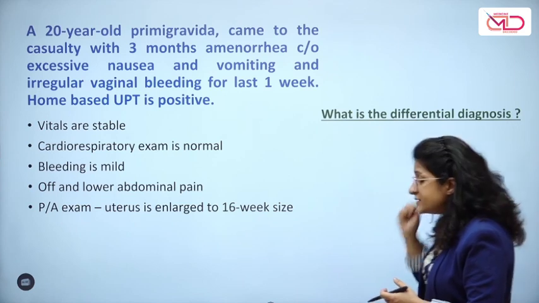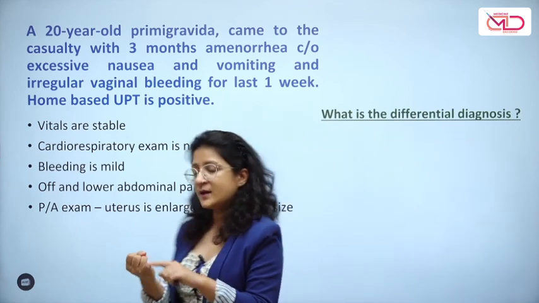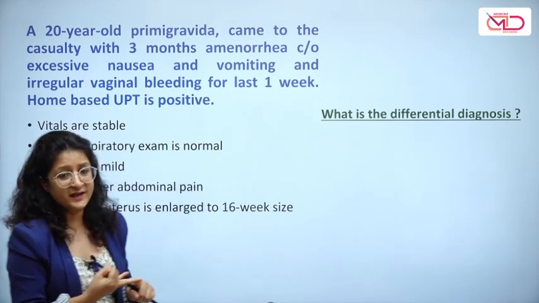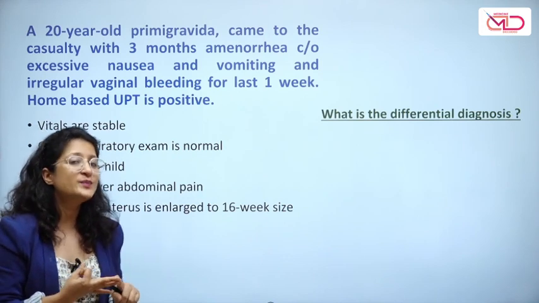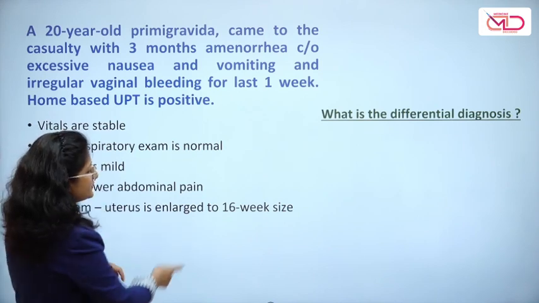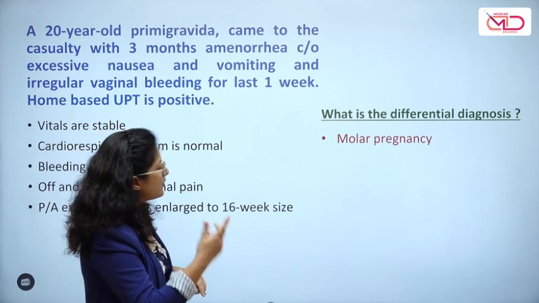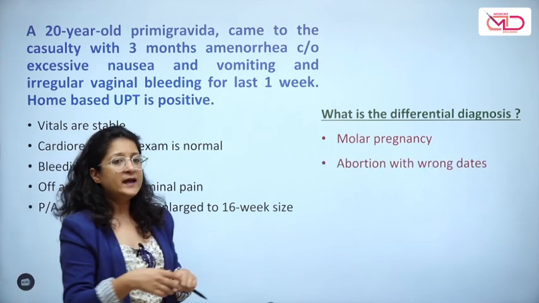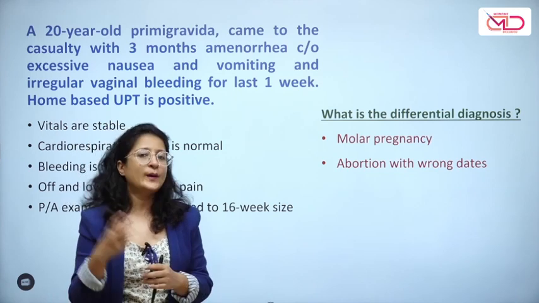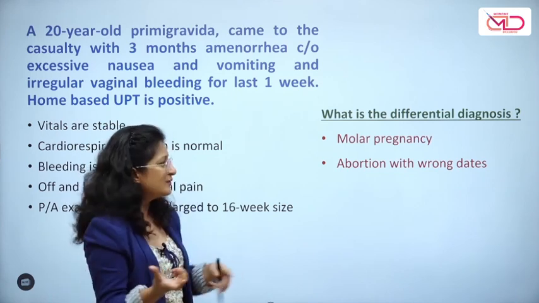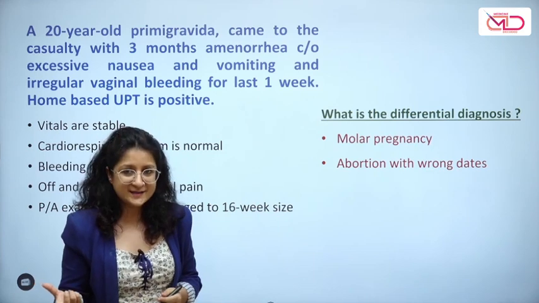And what is the differential diagnosis now? A woman who's come with bleeding, excessive nausea, vomiting, uterus enlarged more than the period of gestation. So your differential diagnosis is definitely molar pregnancy, which comes top of the list. Other than that, it could simply be an abortion with coincidental excessive nausea and vomiting, with wrong dates. It could be that.